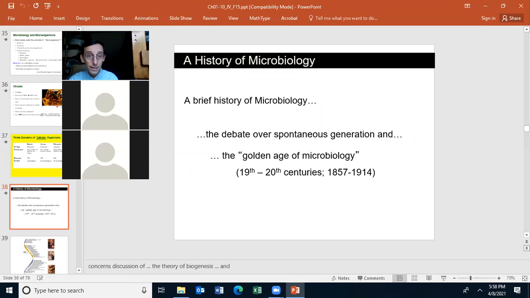It largely concerned a debate over one thing: whether life could spontaneously generate or whether life came about from the theory of biogenesis, meaning life came from pre-existing life. And there was a debate about that, especially in microbiology, but actually that happened in biology also.